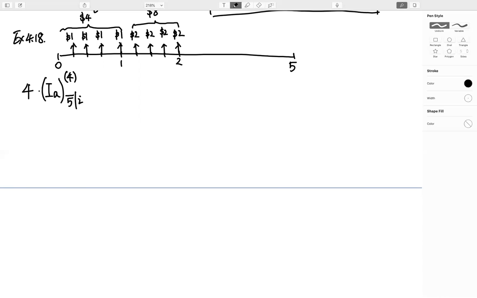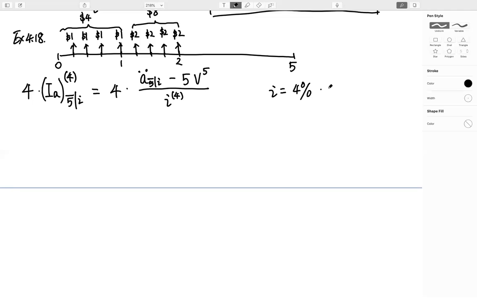By the previous formula, this would be the annuity due a angle 5 minus n v to the 5th, divided by i upper 4. Now I know i is 4%.